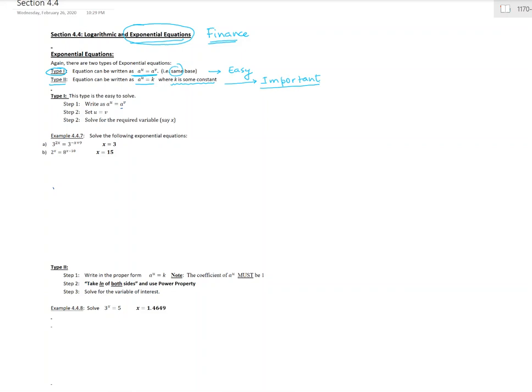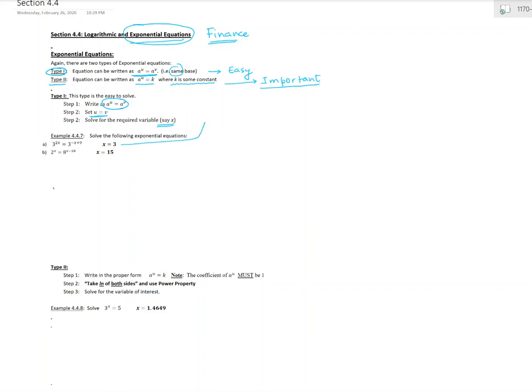Now these are equations that are of this kind. So if the base is same, then all that you have to do is set u equals v. So you just take the exponent portion of both sides and put them equal to each other, and then you solve for whatever the variable is.